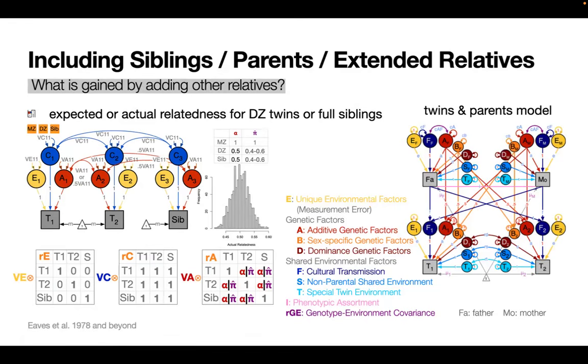In addition, parents, of course, would provide an estimate of the spousal correlation, which lets us estimate whether or not there is random mating for the trait of interest, or whether there is some significant or non-zero phenotypic or other types of assortment. So, as you can tell, by adding these other relatives, suddenly we can estimate more parameters, which may provide us a more realistic estimate of these different sources of variation.